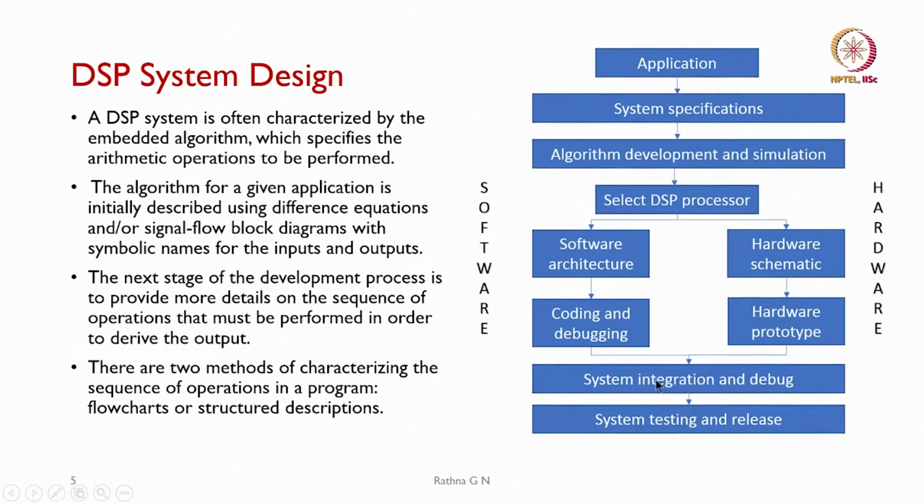So, we have to integrate both software and hardware and then do the debugging, to see that my software and hardware are going correctly according to my application. Then we will be doing the system testing and then releasing my hardware. Even the system testing involves a lot of tests to be conducted.